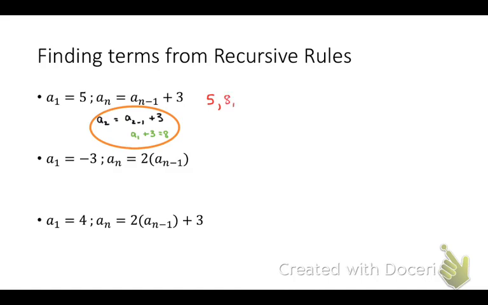What's going to be the next term? 11. What's the next term? What's 11 plus 3? 14. And so on, so forth. We would just keep going from there. All we're doing is we're taking the term before it, or the term that I'm currently on, and in this case I would add 3 to get to the next term.